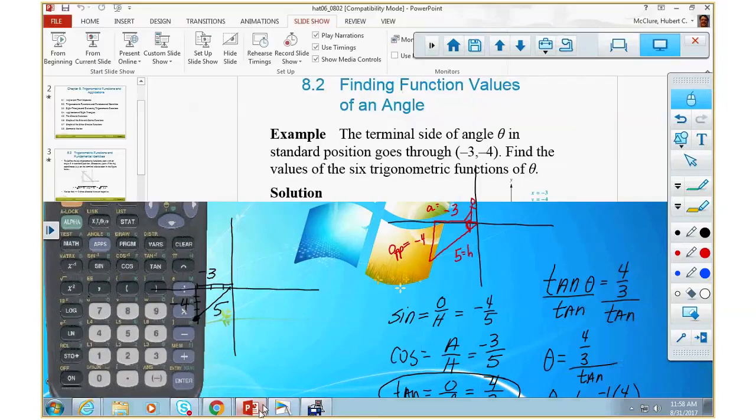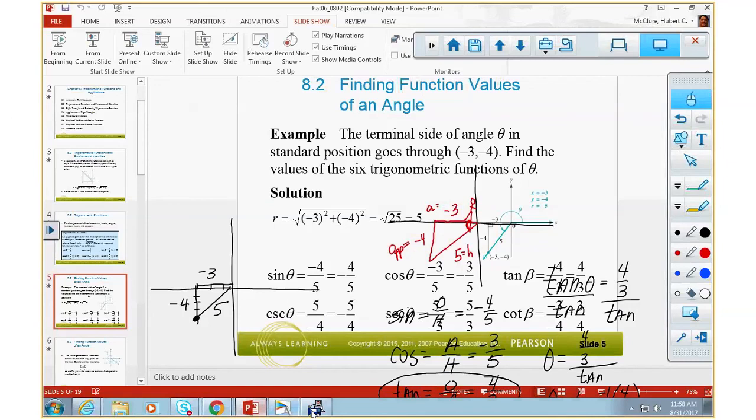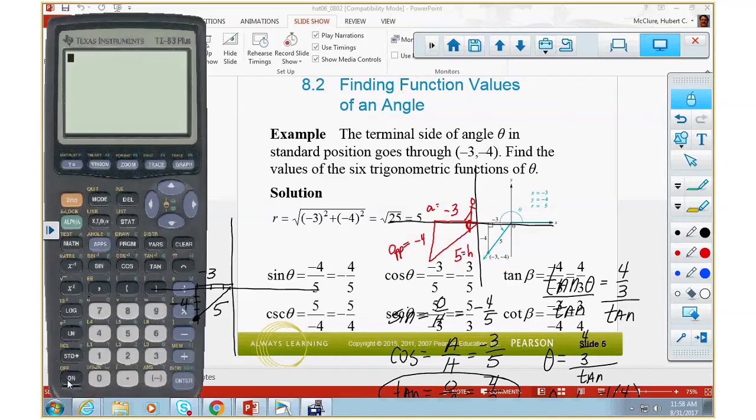I can do it this way: second tangent of 4 divided by 3.